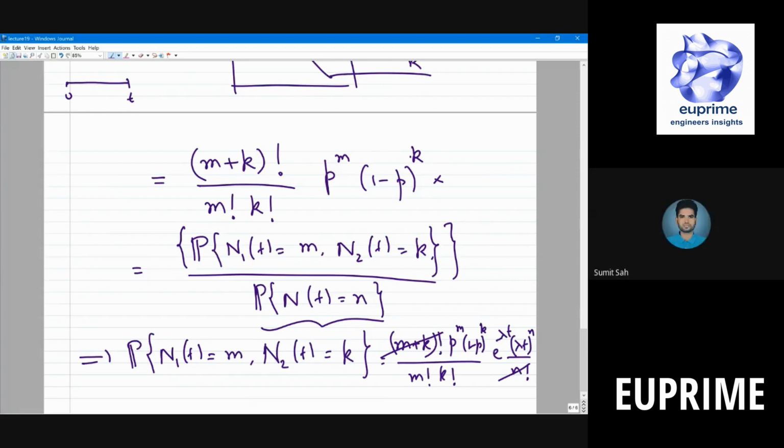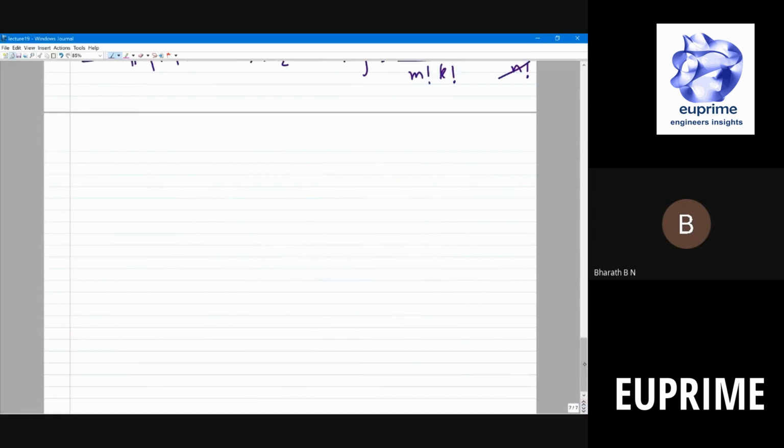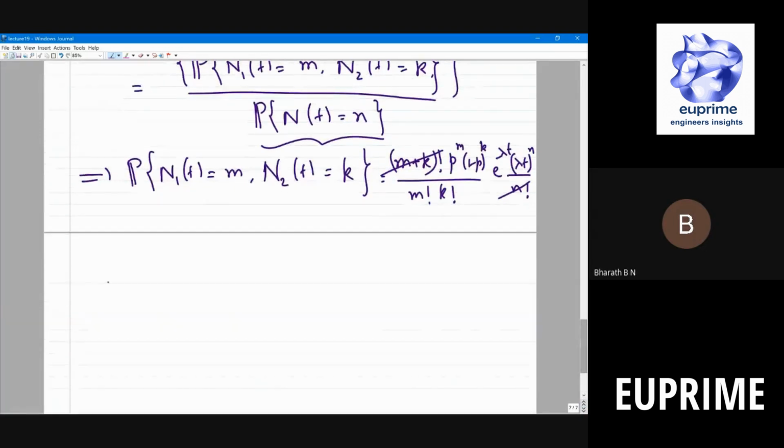Fine, right? Now, how do I write this? I can just do some rearrangement. The first thing that I do is I'll write p^m divided by m factorial.